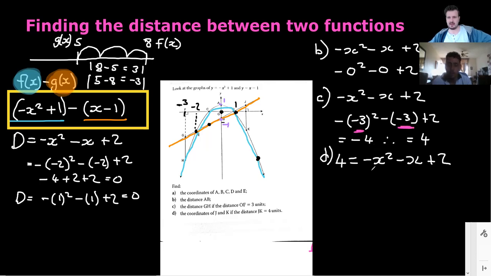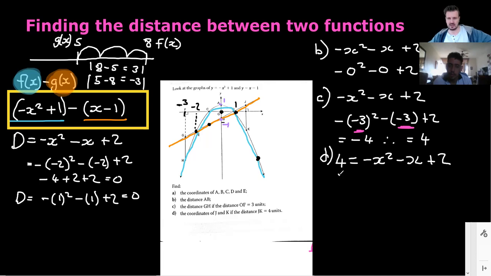Now we are substituting a value in for the distance, because they're not telling us the x values, they're telling us the distance. If we get the x values, we'll get the x values of the coordinates J and K.